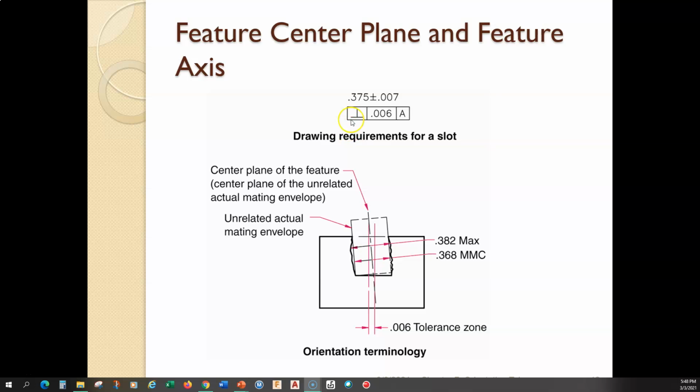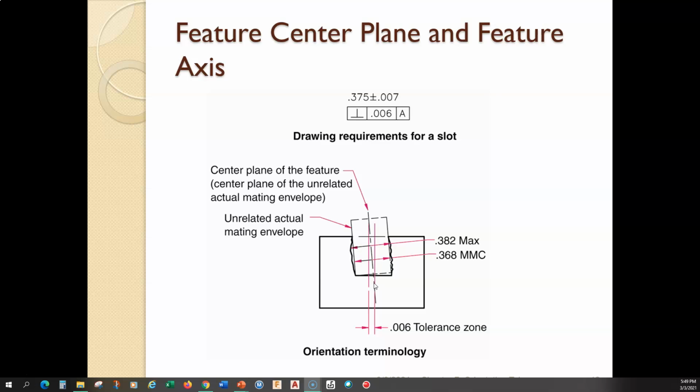So we have a slot. It's 375 plus or minus 7 thou with a perpendicularity tolerance of 6 thou relative to A. All right. And we can assume for this example that A is the bottom surface right there. Okay. So the tolerance zone is going to be applied to the center plane, the axis, in the middle of the slot.